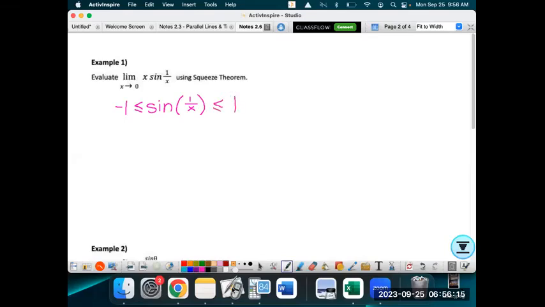But the difference between sine of 1 over x and the actual function that we're looking at is that it's multiplied by x. So if I multiply every interval here by x, oops. Let's see if that statement still holds.